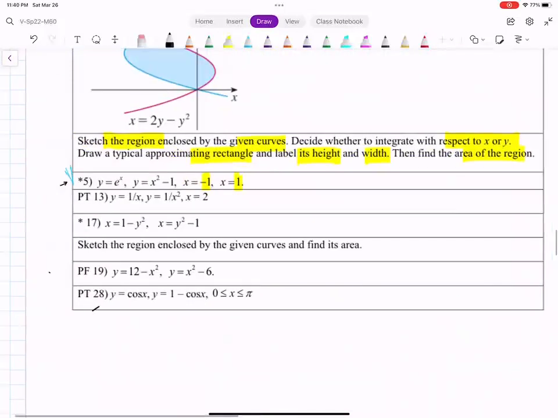So in this section, you have the problem number 5 video in the earlier part of the video, then the video for problem number 13, and problem number 19 is done as a separate video. And then we have done problem number 28 in this video. Hope these videos are helpful.